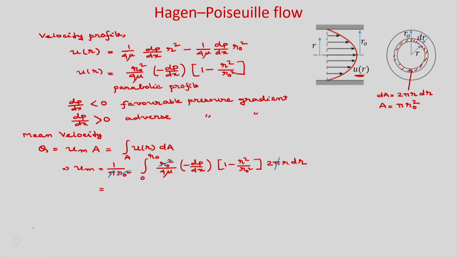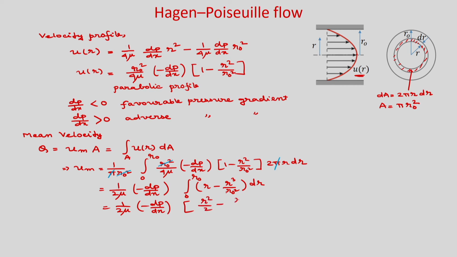So, this is 4 mu, this is your 2. It will be 1 by 2 mu, minus dp by dx, integral over 0 to r naught, multiplying the r here, of r minus r cube by r naught square into dr. If you integrate it, you will get 1 by 2 mu, minus dp by dx, into r square by 2 minus r to the power 4 by 4 r naught square, from 0 to r naught.